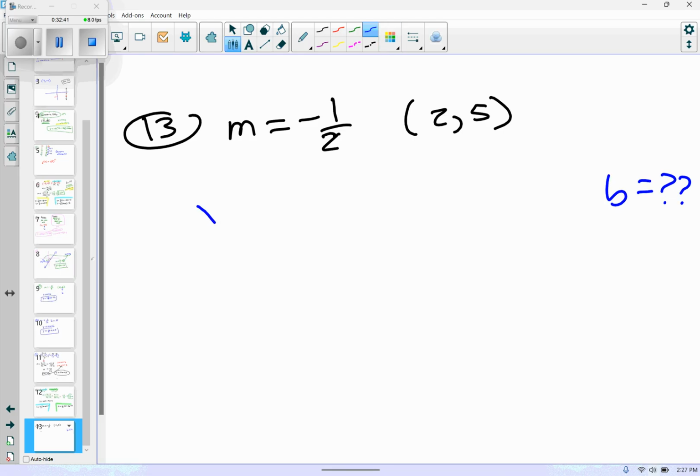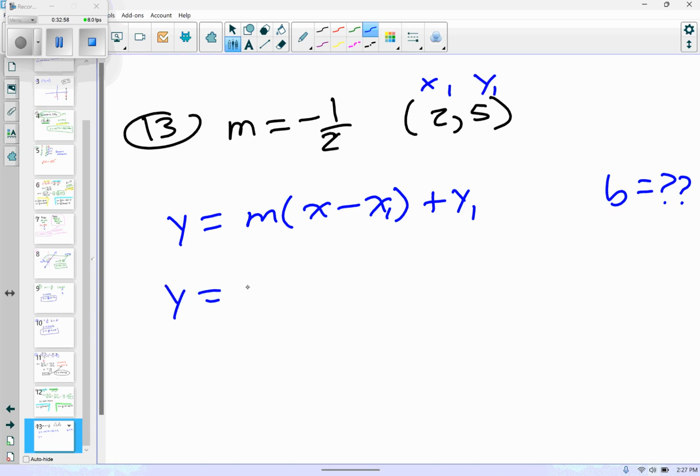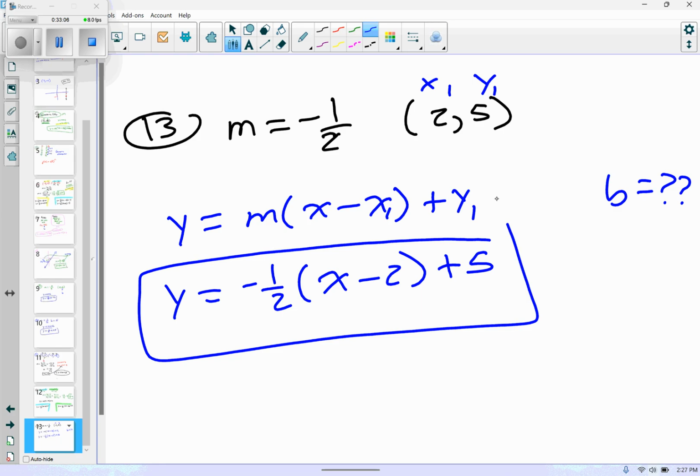So I need to use the other equation, the one that you say is confusing. I'll write it this way. X1, Y1. Plug it in. Slope, negative 1/2. X minus 2 plus 5. There's our equation.